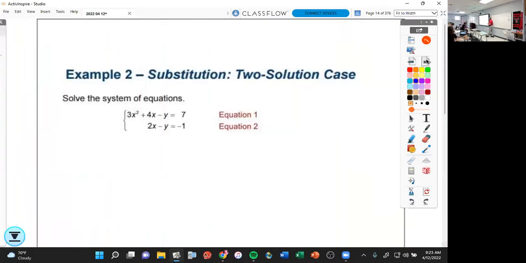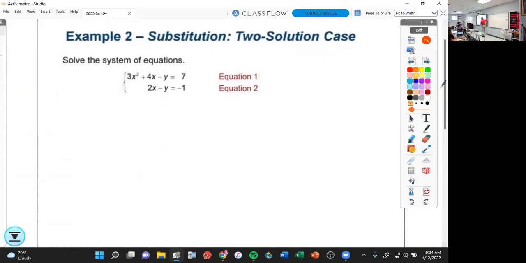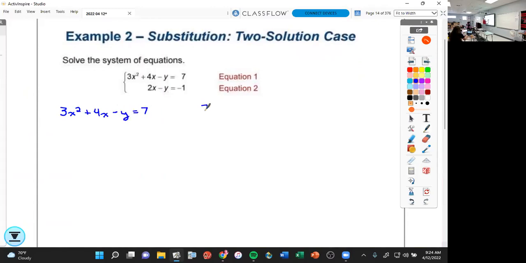Here are 2 equations. We're going to solve this system by using substitution. So because we're using substitution, we write the equations side by side. 3x squared plus 4x minus y equals 7. 2x minus y equals -1.